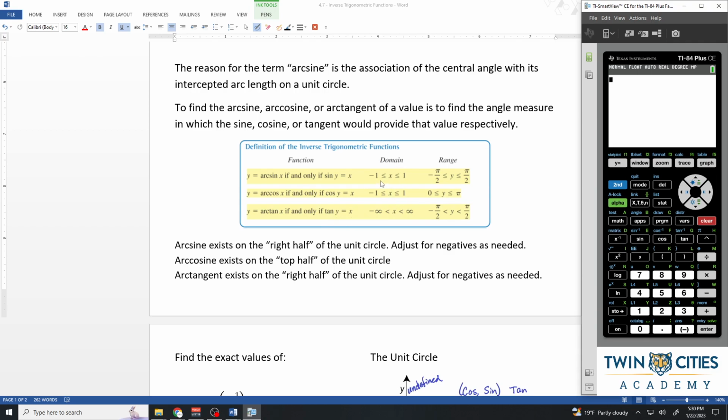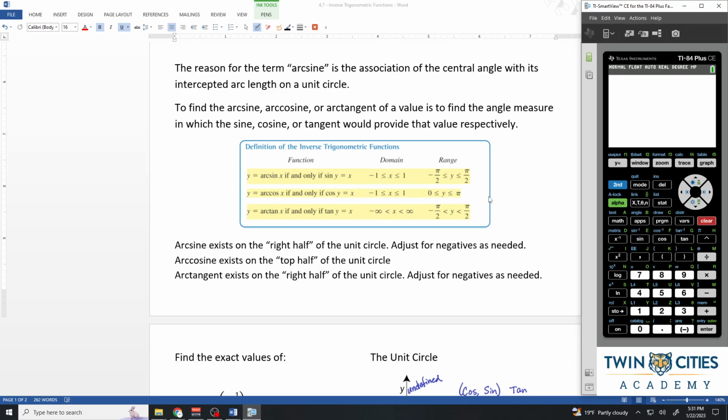The domain of these is going to be from -1 to 1, for both sine and cosine. Arctangent can go from -infinity to +infinity. The range is going to be -pi/2 to +pi/2 for arcsine and arctangent, whereas for arccosine, this will be 0 to pi.